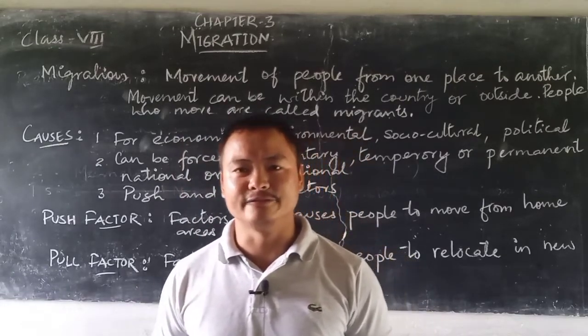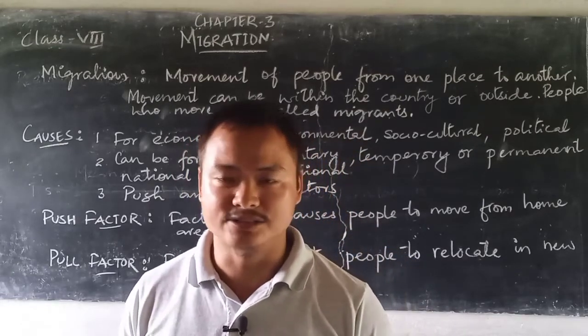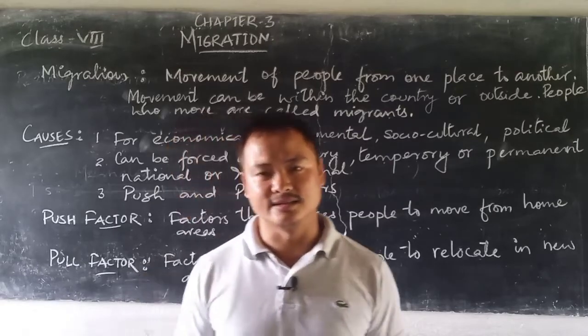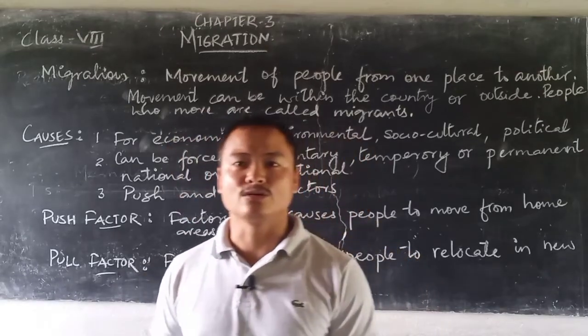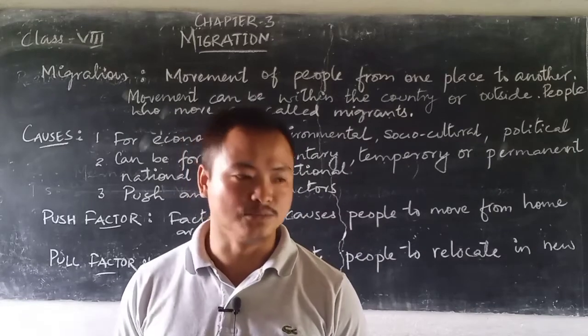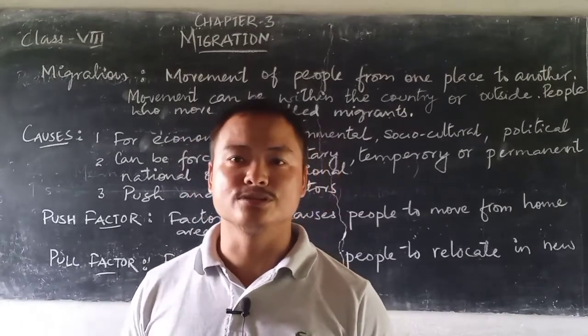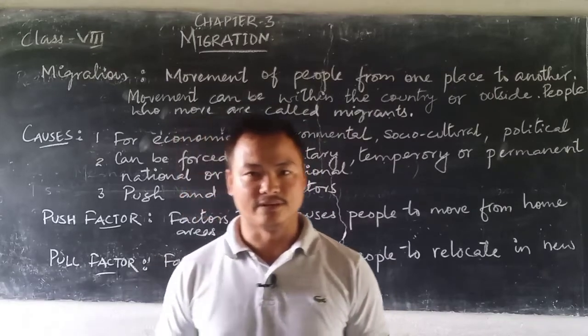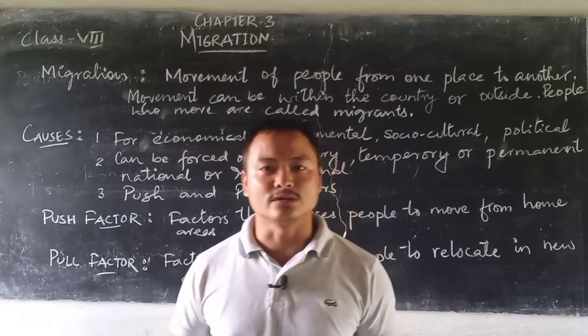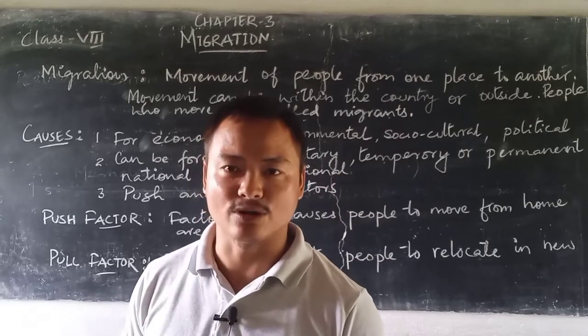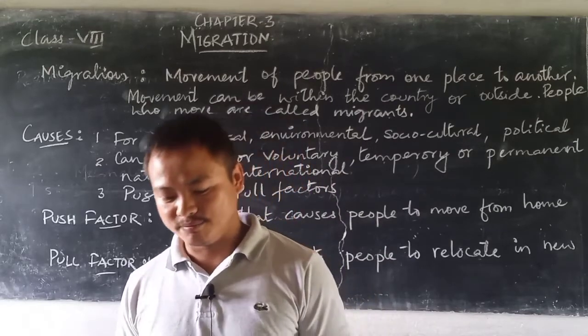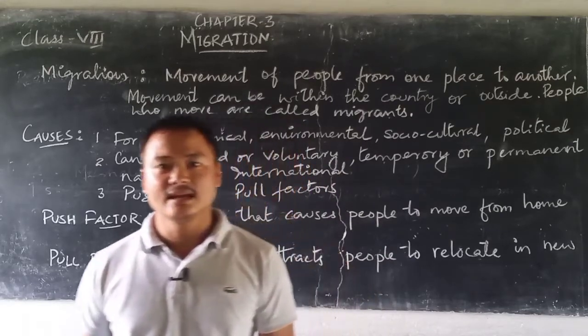Like our area, if you see the areas of Kalchini, Hamiltonganj and the tea gardens nearby, economically we are not so strong. In other words, the money that we earn here is not sufficient to live a very good standard of living. So in order to earn more money, that is the economic prospect, people migrate.